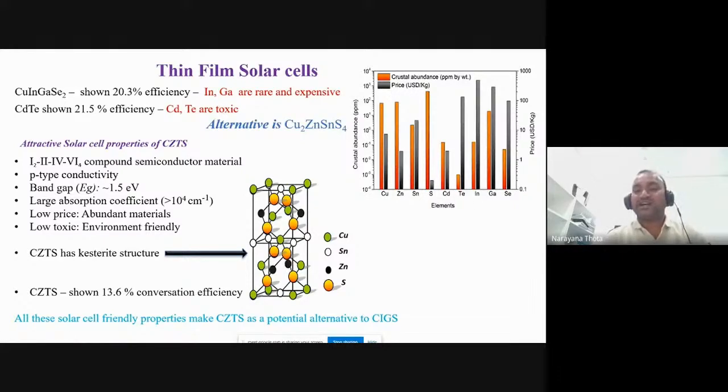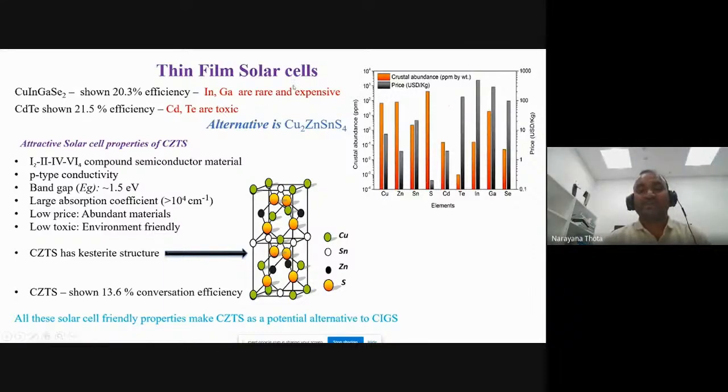This shows the various elements used in solar cells, and their abundance and cost. You can see in CIGS, indium is very costly and its availability is low. Similarly, gallium is very high cost and its availability is also very low. So it is time to look for new materials.